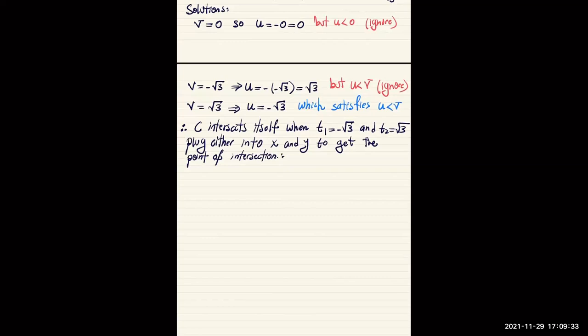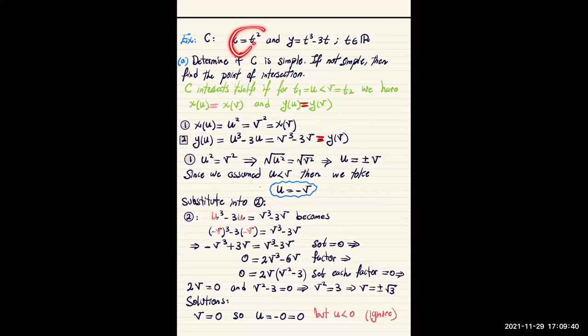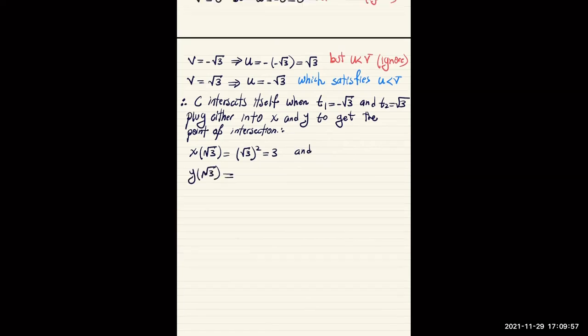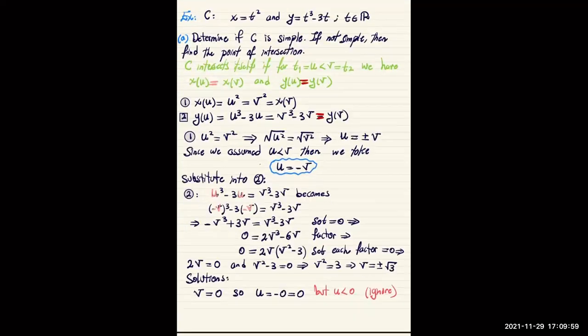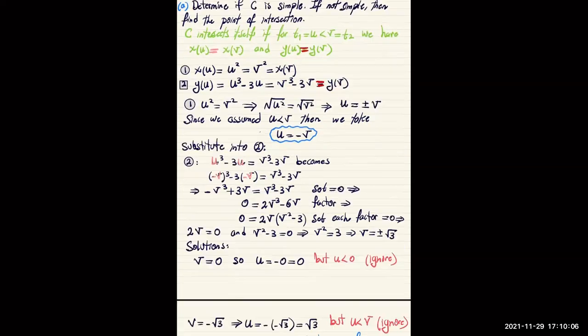It's easier. Here, x of root 3, x is t squared. That's root 3 squared, and that gives us 3. Okay, and here y at root 3. Let me copy down the parametric equations so you don't have to go back and forth.